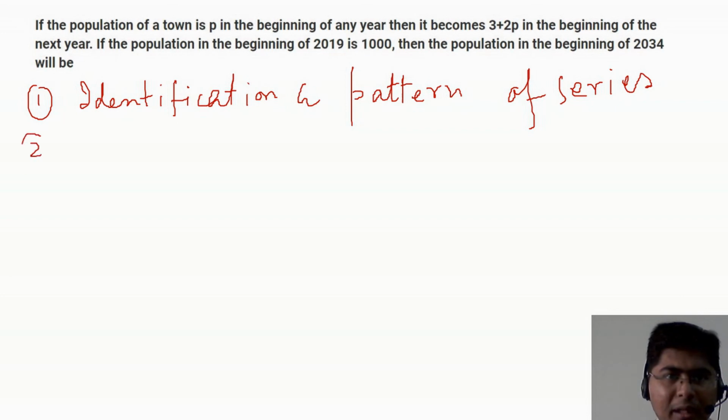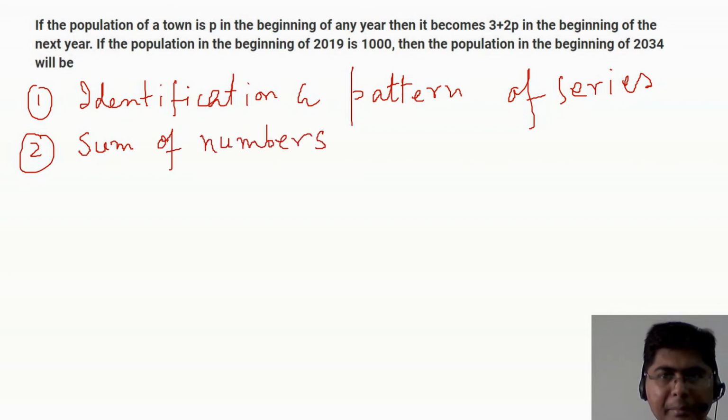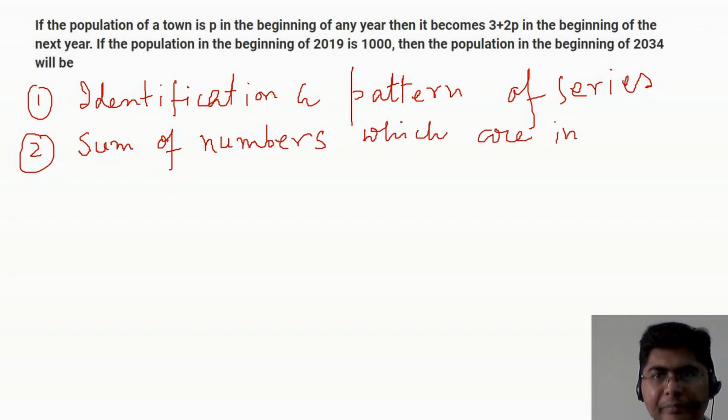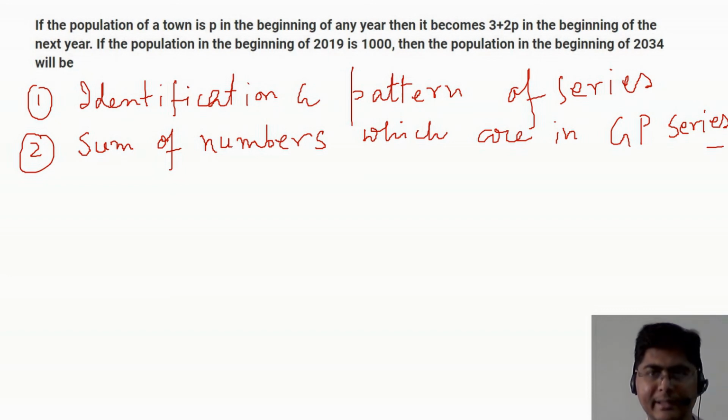And the second one, sum of numbers which are in GP series. GP means geometric progression series.